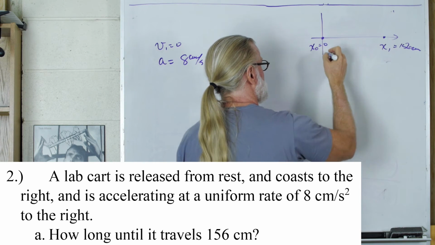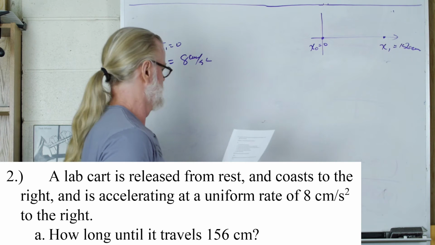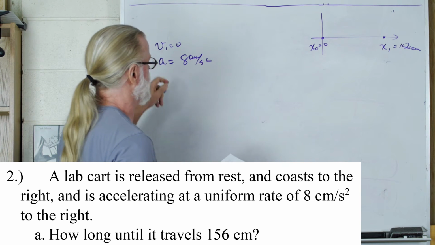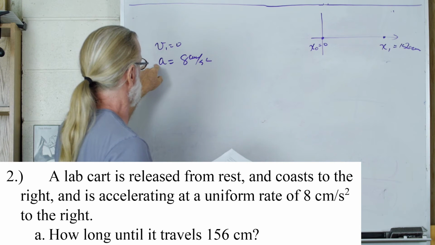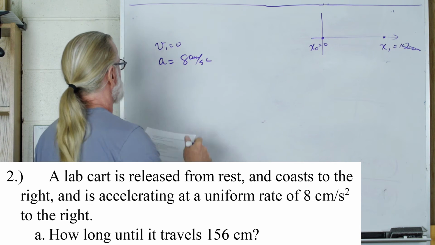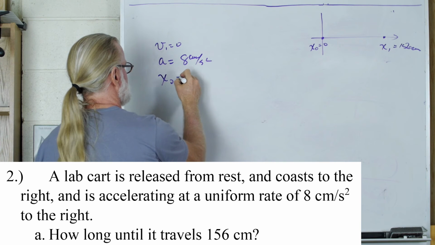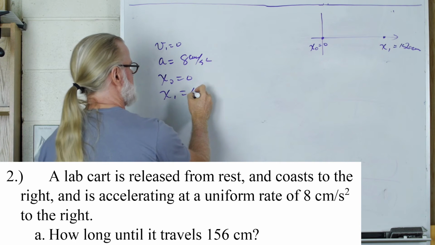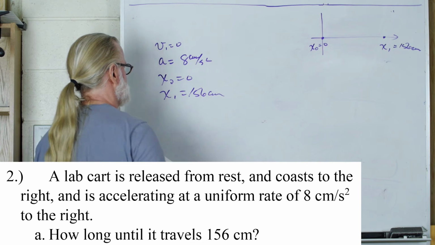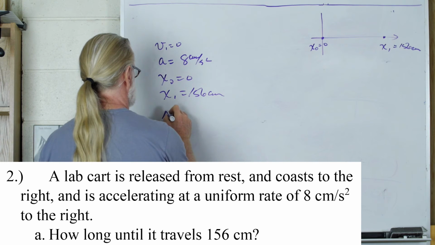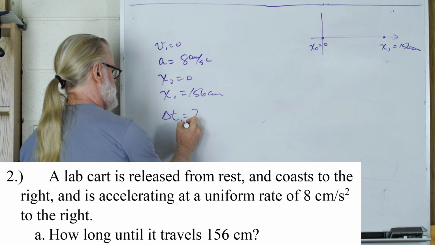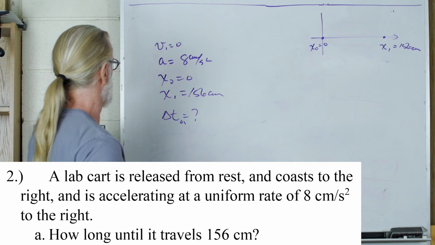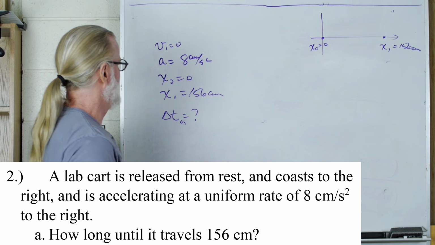And this is going to be 0, obviously. v1 is 0. Acceleration is 8 centimeters per second squared. x0 is 0. x1 is 156 centimeters. How long? Delta t. All right, how long is it going to take to go from 0 to 1? All right, I think we can do that.